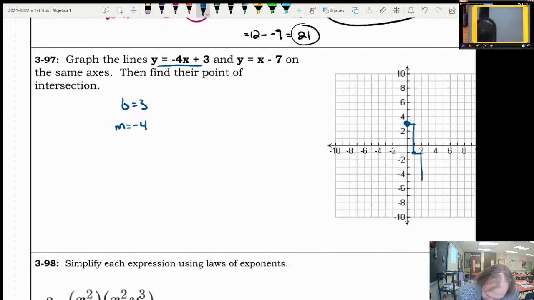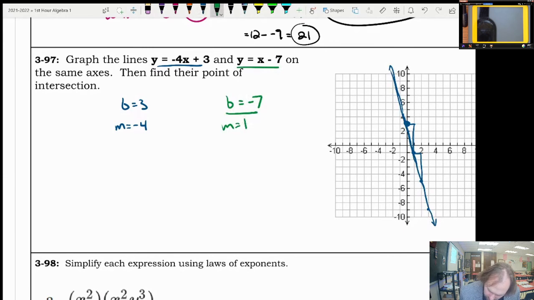And once you got a few points, you can go ahead and just put it on the line, and away we go, like this. We are looking for an intersection point later on, so it's important to show as many of those points as we can, because I'm willing to bet the intersection point will be a whole number. Next, we got x minus 7, where the y-intercept is -7, and the slope is equal to 1.